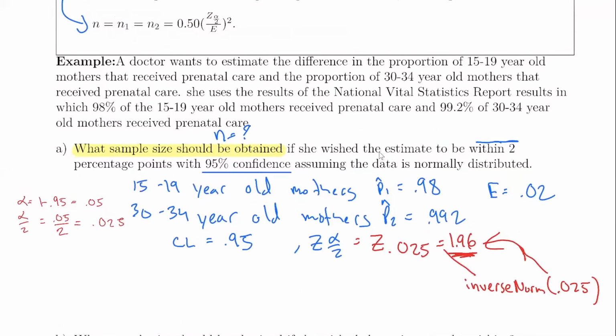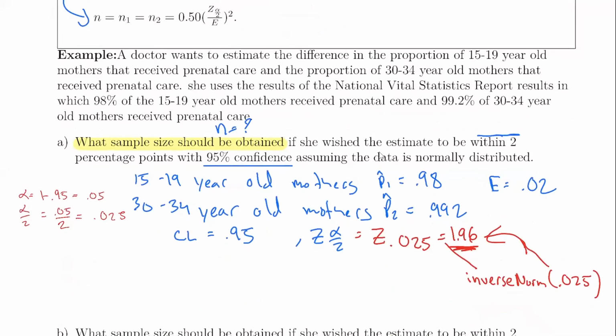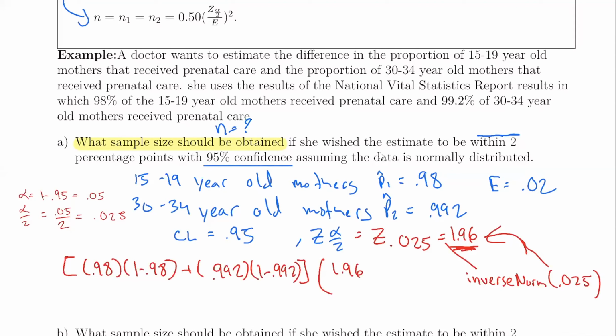So for our formula, we're going to say 0.98 times 1 minus 0.98 plus 0.992 times 1 minus 0.992. You close the bracket and then you put Z. Z is 1.96, all divided by my margin of error, which is 0.02. And don't forget to square this.